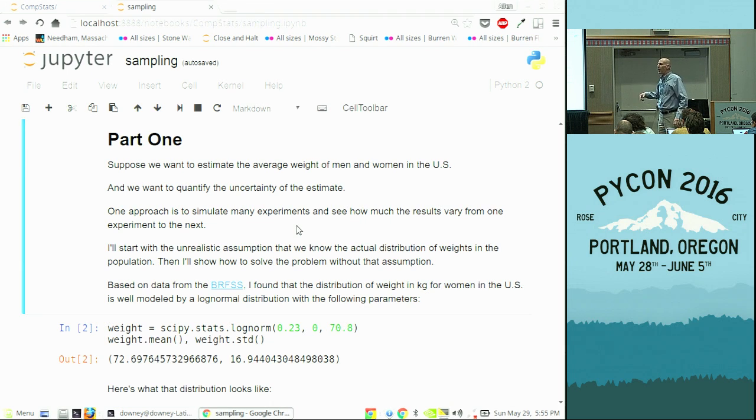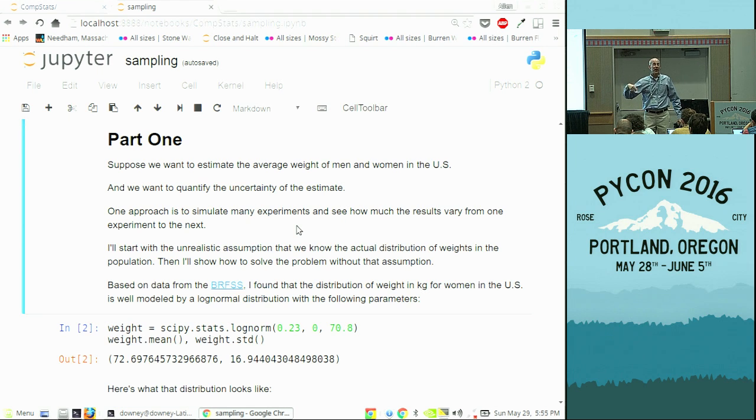Okay? Now, I'm going to simulate an experiment where I choose 100 people at random and get their weight. And now, just for the purpose of simplicity, I'm going to assume it's a perfectly representative sample. So everyone's equally likely to show up in the sample, and no measurement error, and none of those other problems. So the only thing I'm quantifying here is error due to randomness.